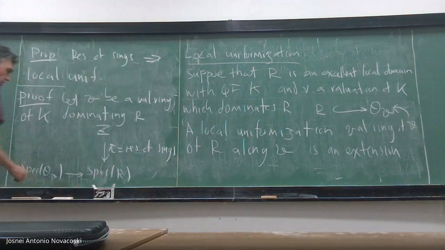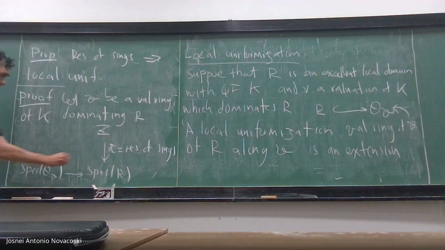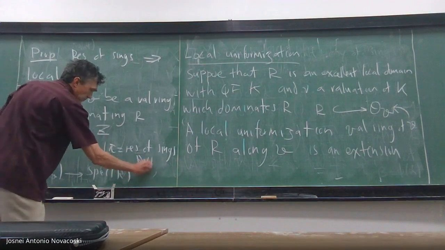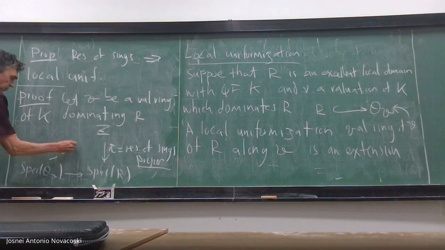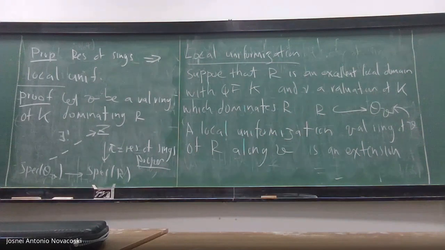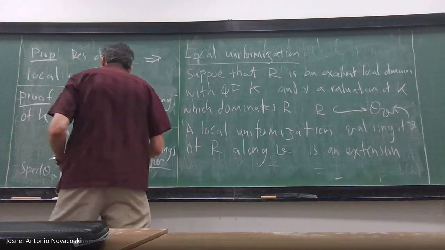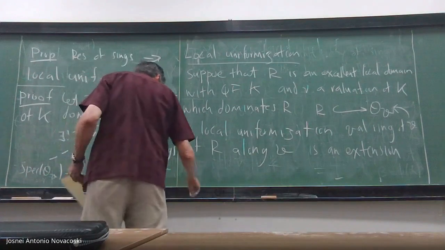Okay, so by the properness, this is proper, so we know that there exists a map like this. In fact, it has to be a unique map like this from the properties. I'll call this lambda.